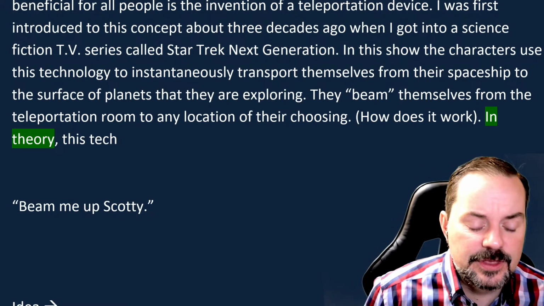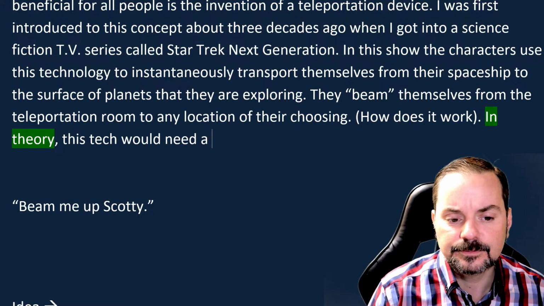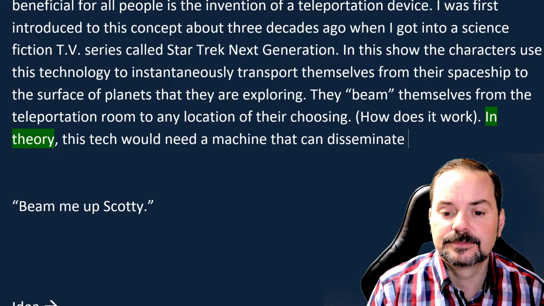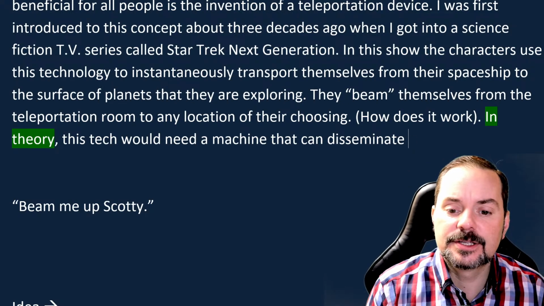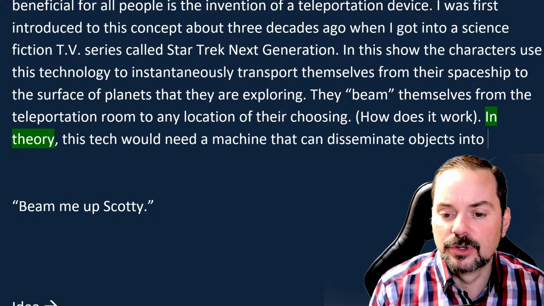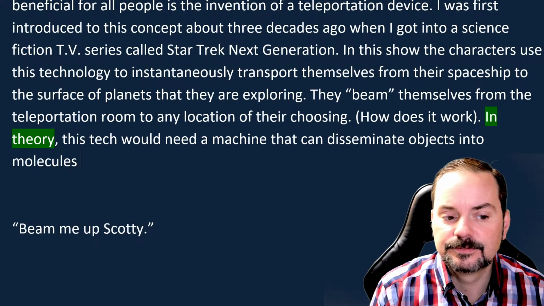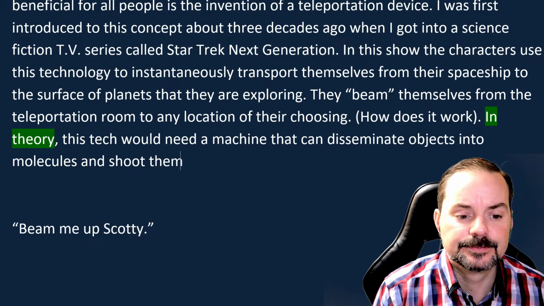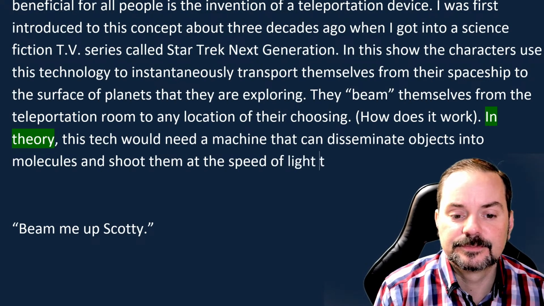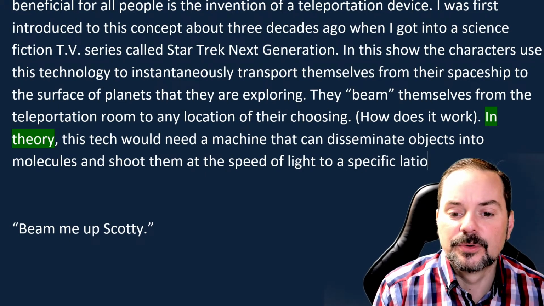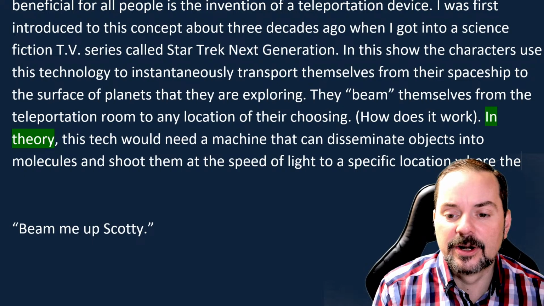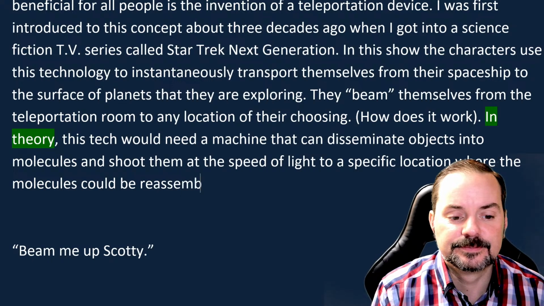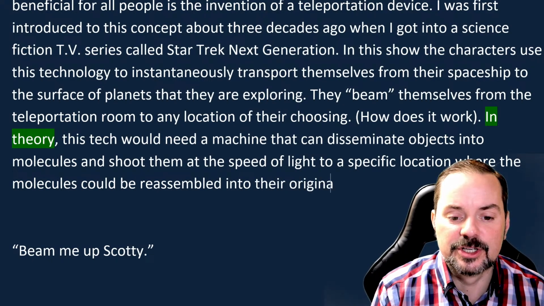So in theory, this tech would need a machine that can disseminate objects into molecules and shoot them at the speed of light to a specific location where the molecules could be reassembled into their original form.